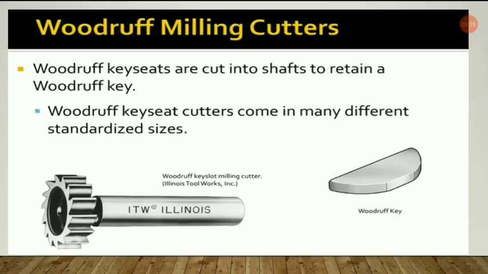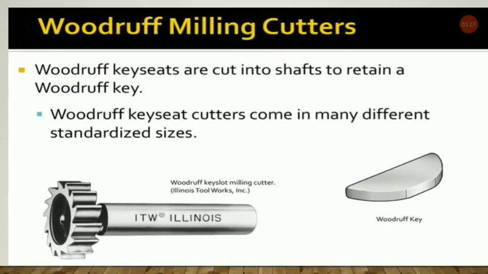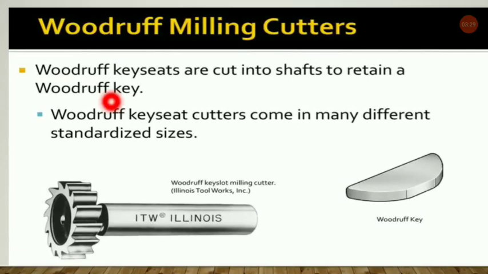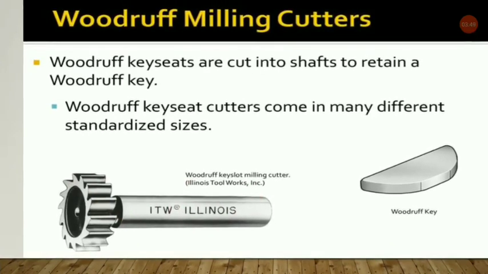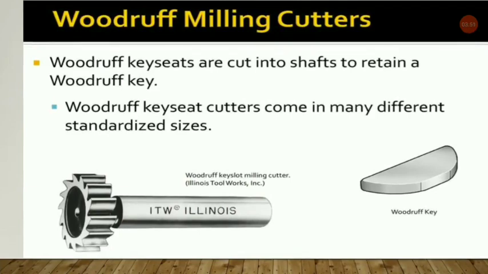Now let us discuss the different functions of the Woodruff milling cutters. As you can see, Woodruff key seats are cut into shafts to retain a Woodruff key. The Woodruff key seat cutters come in many different standard sizes. If you carefully look at this diagram, you must take a screenshot of this Woodruff cutter, and this will help you to visualize it in the future as well.